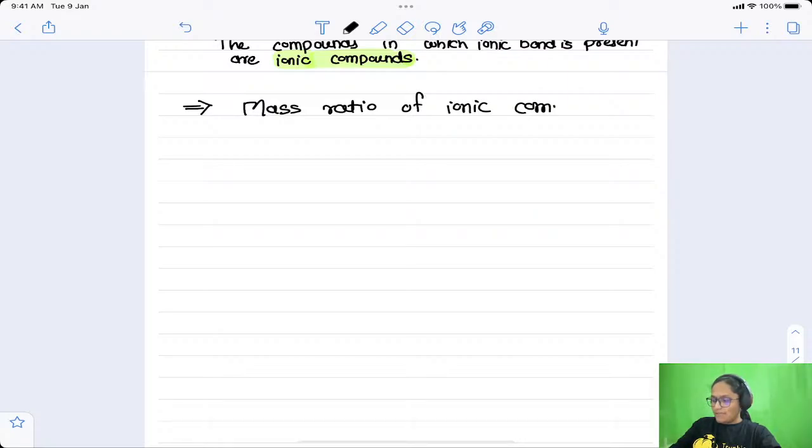Let us take the simple example first, and that is nothing but sodium chloride, NaCl, right?